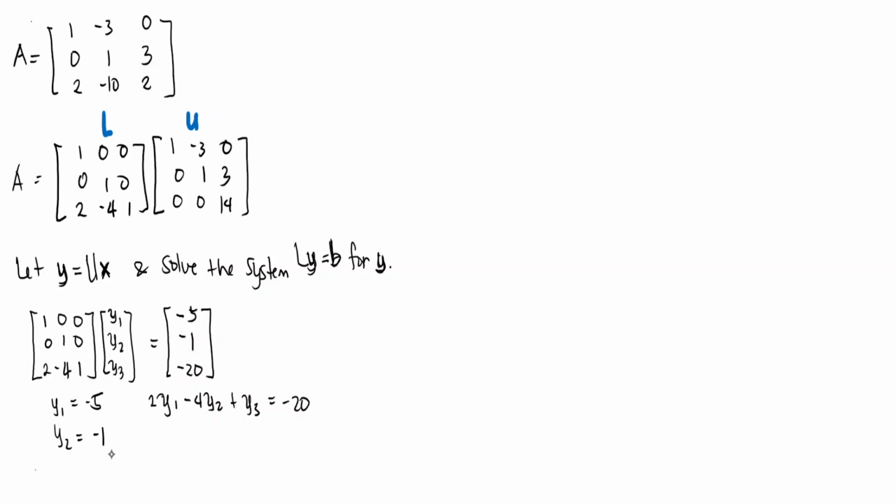So we substitute these values in here: 2 times negative 5 minus 4 times negative 1 plus y sub 3 equals negative 20. Simplifying, we have negative 10 plus 4, so negative 6, and then transposing to the other side, y sub 3 is equal to negative 14.